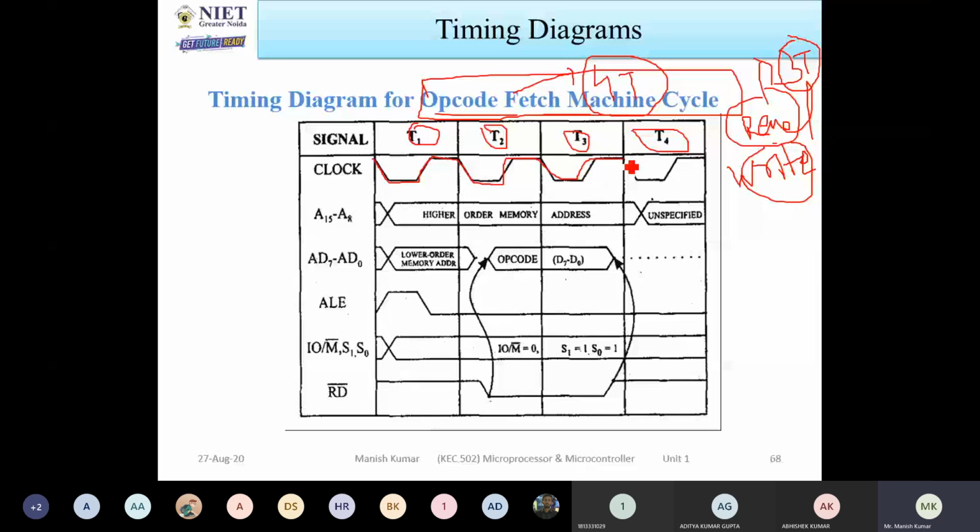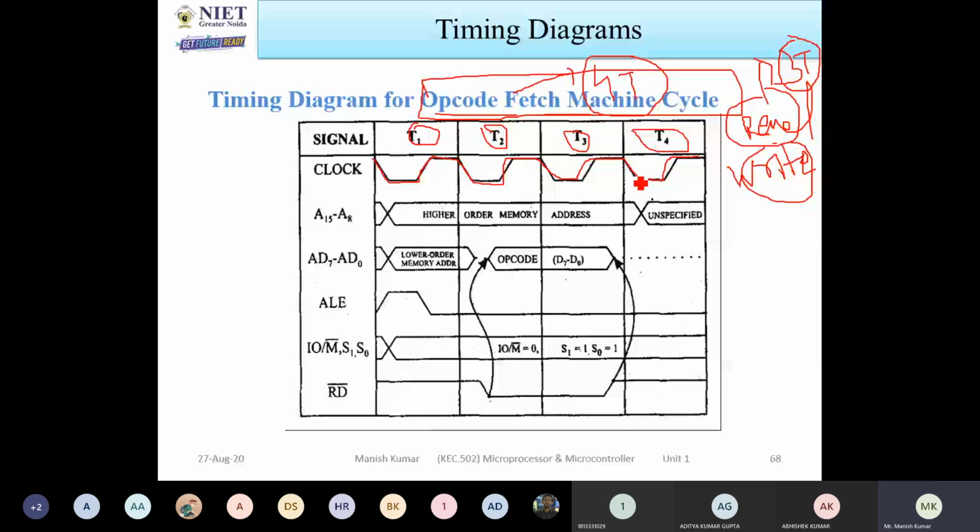Okay. Next, let us consider when you want to do an opcode fetch, it means that this opcode is stored in a memory location. Correct? If it is stored in a memory location, you have to know the address of that particular location.